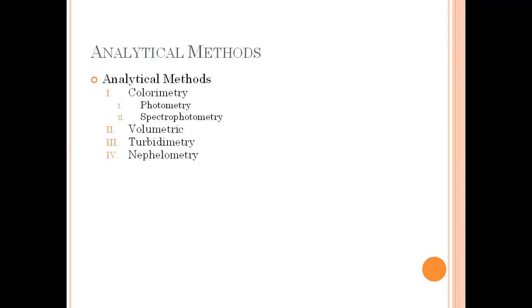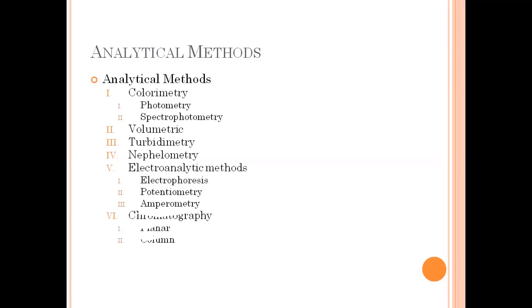turbidimetry, nephelometry. We also have electroanalytical methods, which can be performed by electrophoresis, potentiometry, and amperometry. We also have chromatography available in the lab, which can be classified as planar or column.